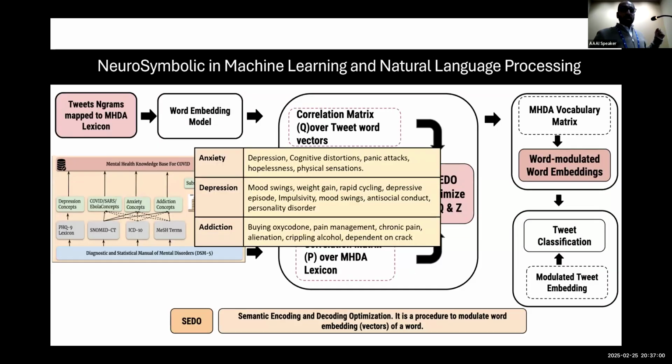So how this translates into the picture is that you are constructing this lexicon space over here, where you are looking at anxiety and what those words are, what depression's words are, addiction's words, and all of these words that you see over here are extracted from the downstream data sets in the social media spaces.